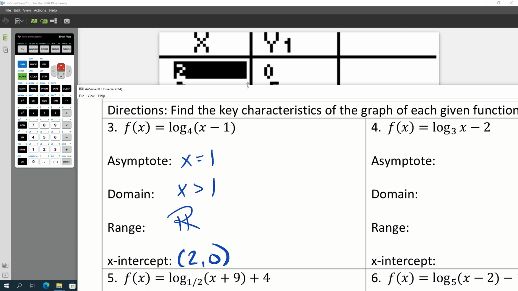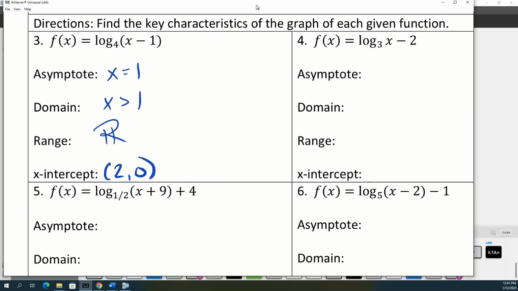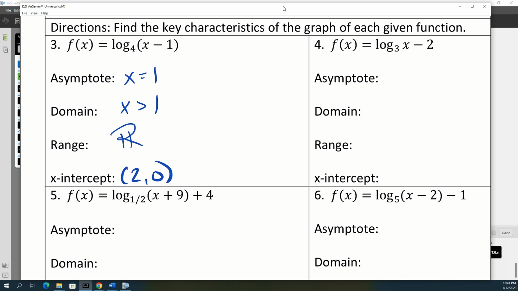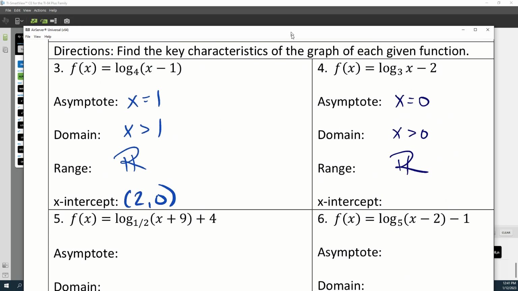All right, now we look at number 4. So what's the asymptote when there's no parentheses? 0, good. So x equals 0, x is greater than 0, all real numbers.